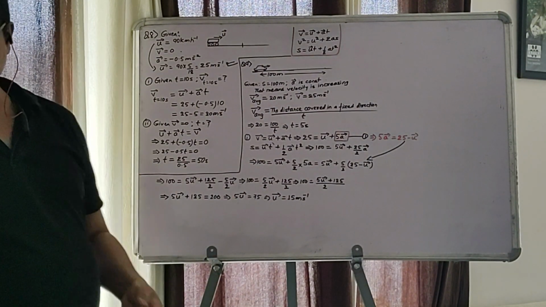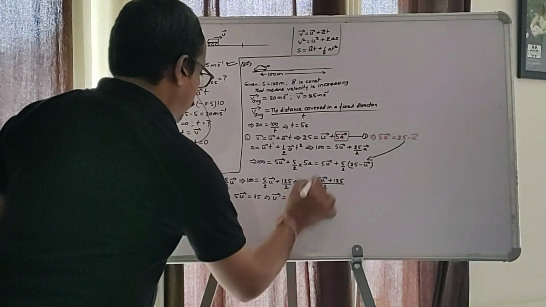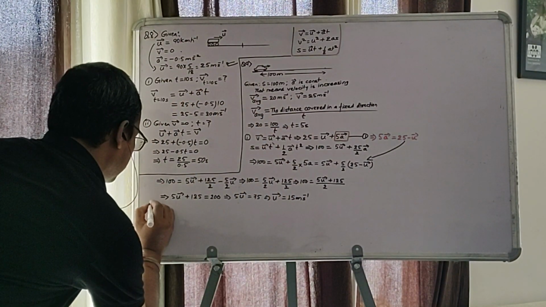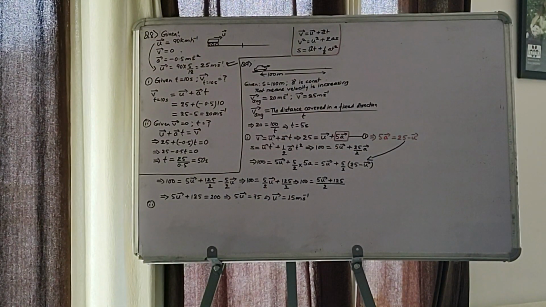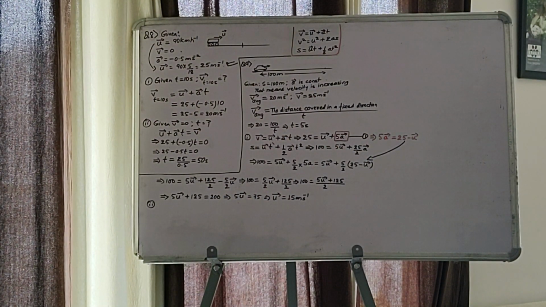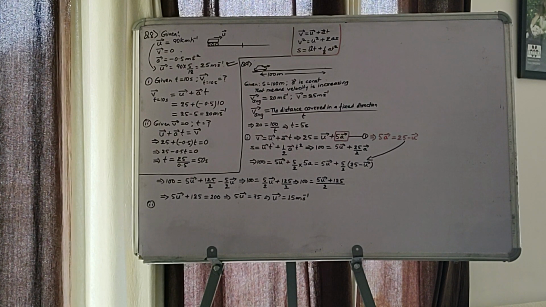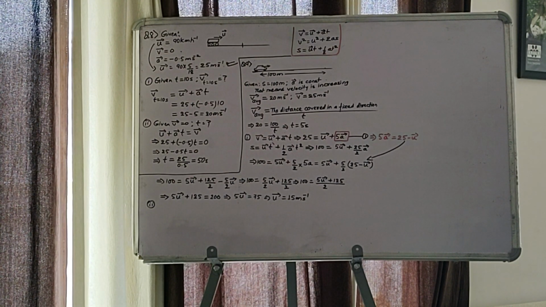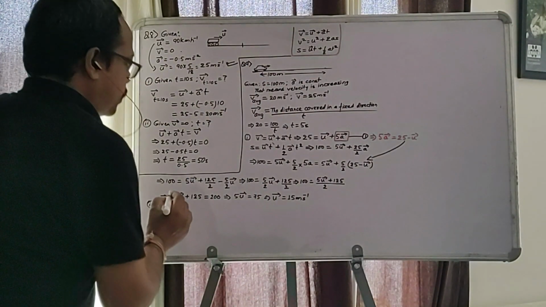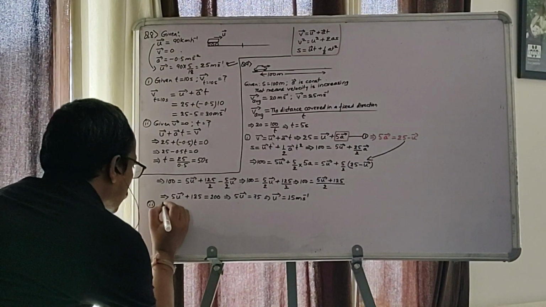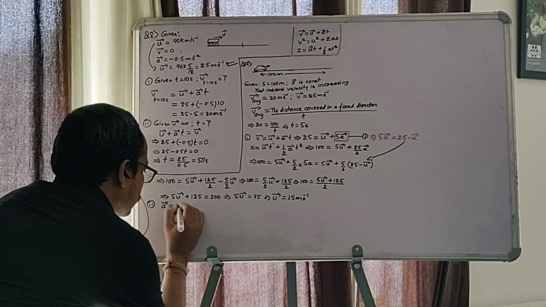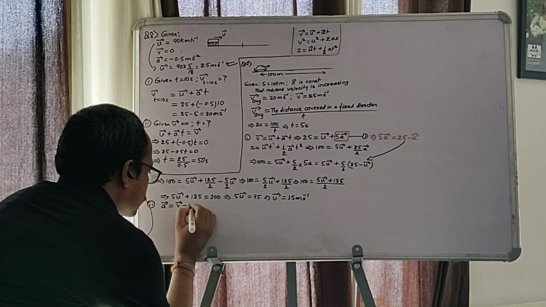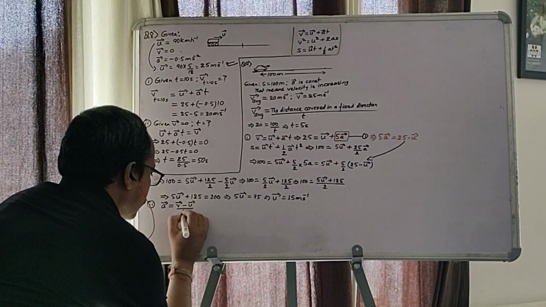And now it is asking what is the value of a. So this part we are done. Now we are finding the acceleration, which is v minus u by t.